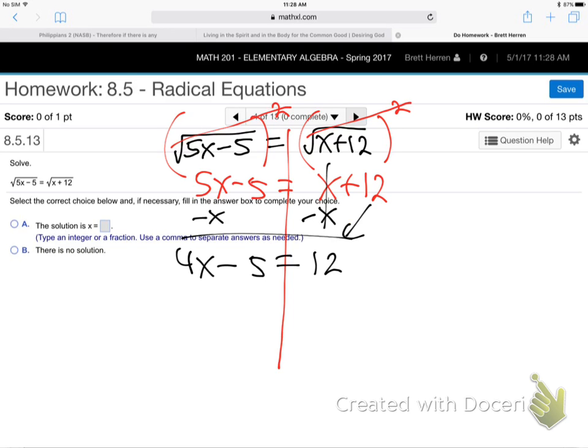And now keep going. What do I do next to solve for x? Add the 5. Last step. Divide by 4. There we go. Is that okay on that one? It's making sense?